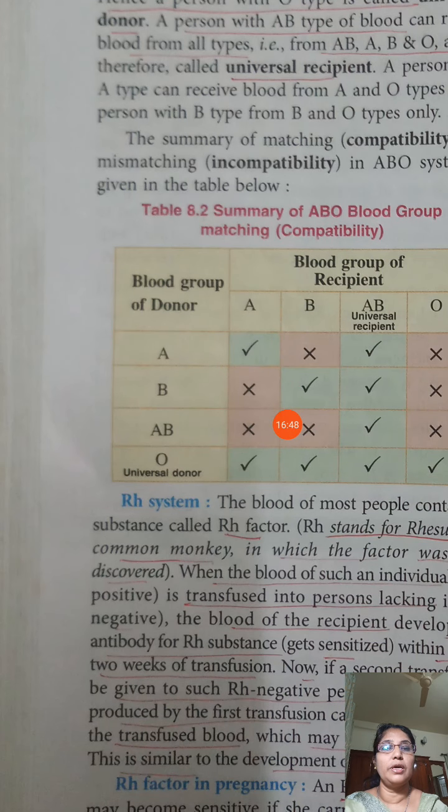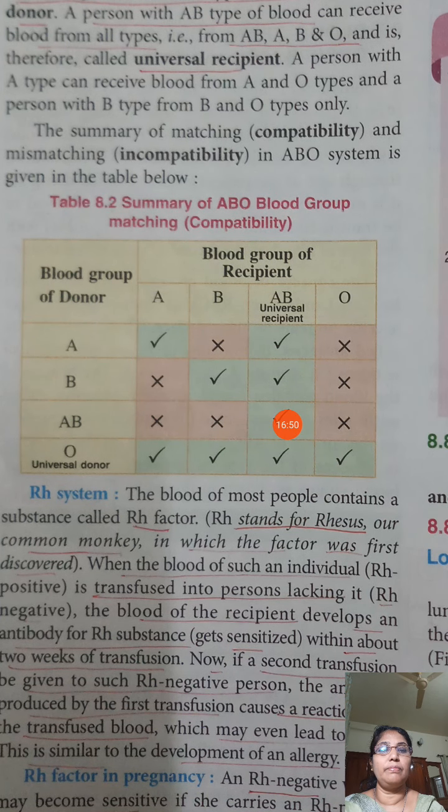Here also a matching chart of blood group of donor and blood group of recipient is given. A group can give to A group and AB group. Blood group donor, recipient A and AB can receive blood from A group. B can receive blood from B and AB.